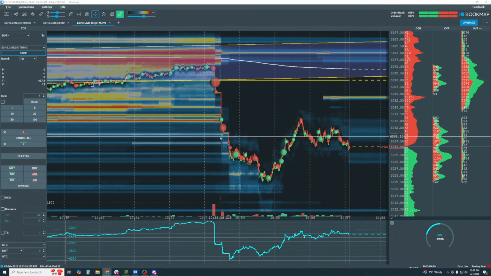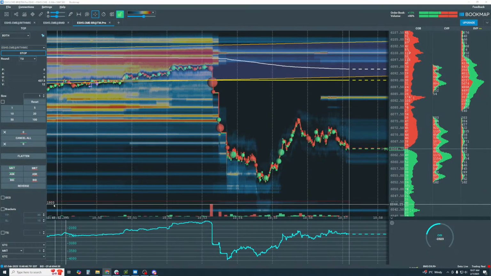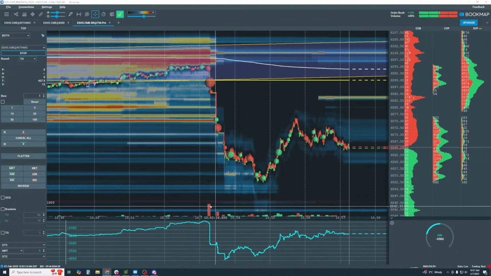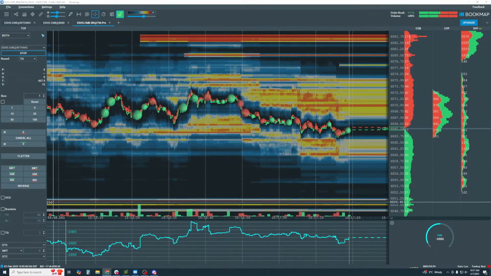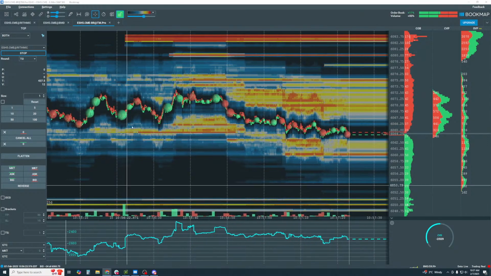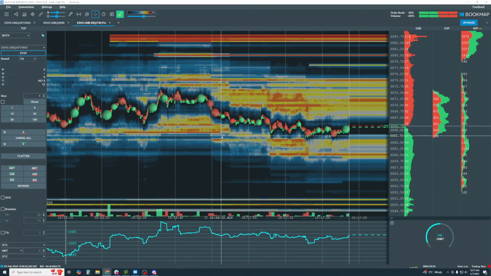That's how many contracts were traded in here, basically. It's just a reference, so you can get an idea. We zoom in, and that number is going to change. Now it's 250, and you can see that the spike in here is around 250. So it'll give you that reference.